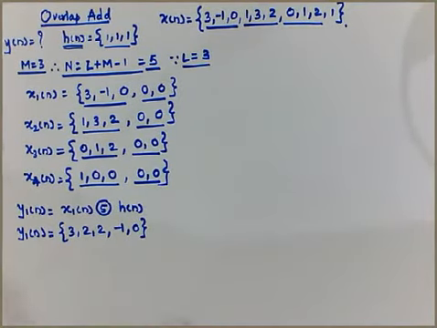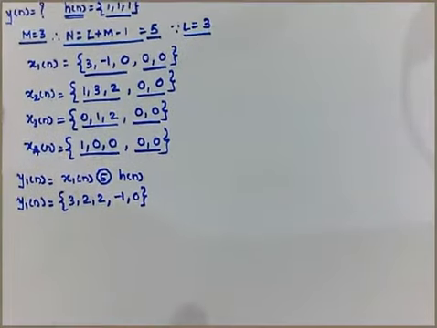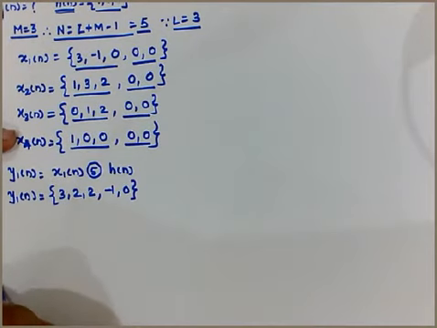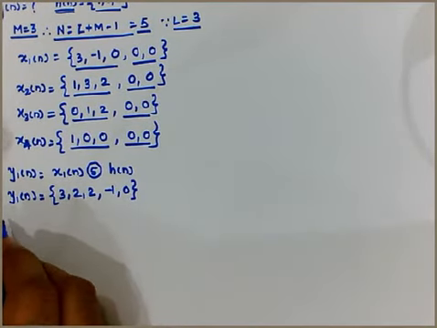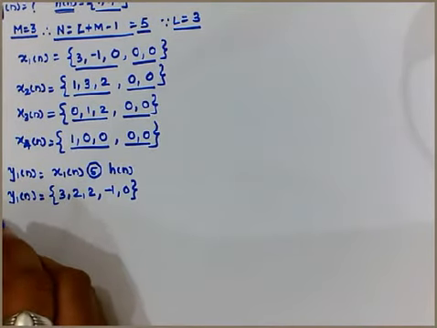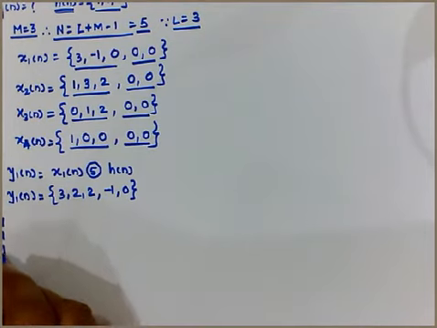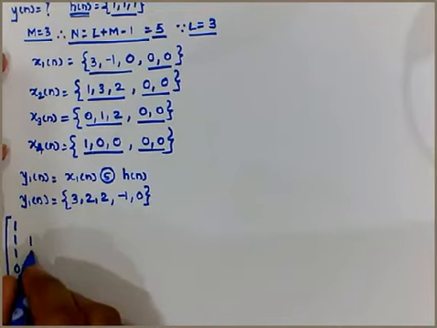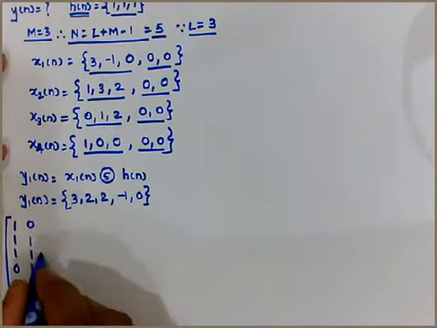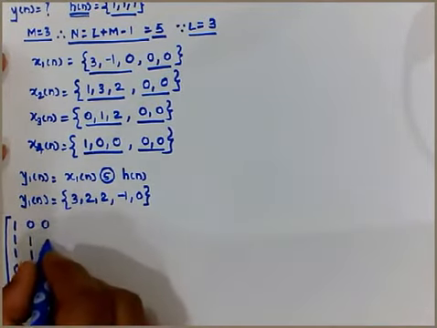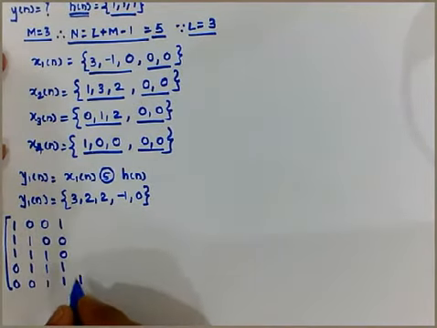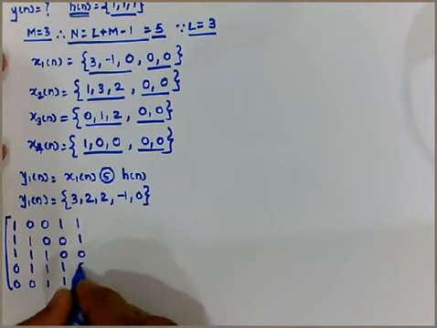Now if someone wants to verify this, let's verify it with the help of the simple approach which we have seen. What is x1? x1 is simple, that is 3 minus 1 0 0 0. So let's write down firstly the h of n as a 5 by 5 matrix, with rows 1 0 0 1 0, and so on.